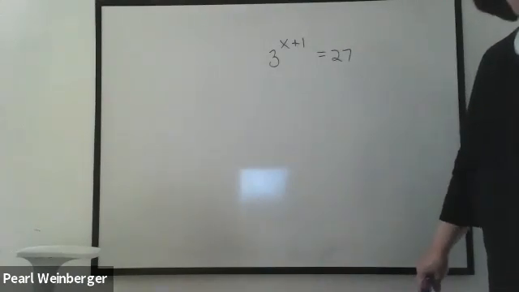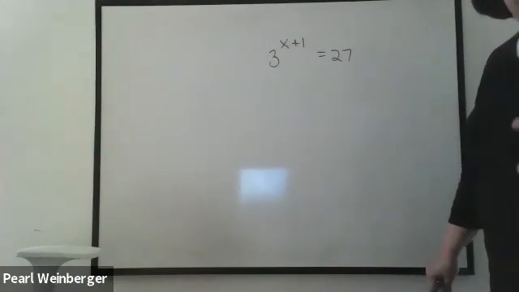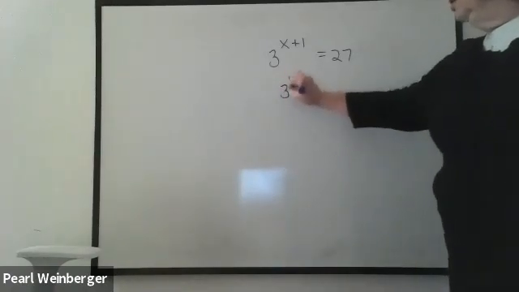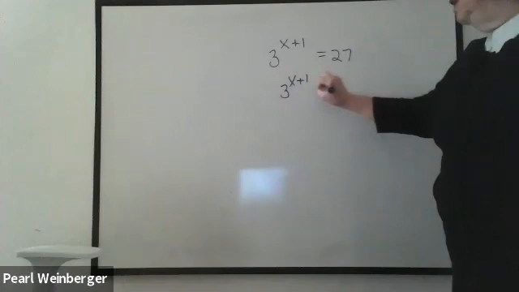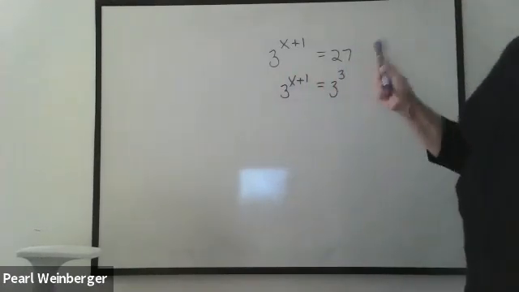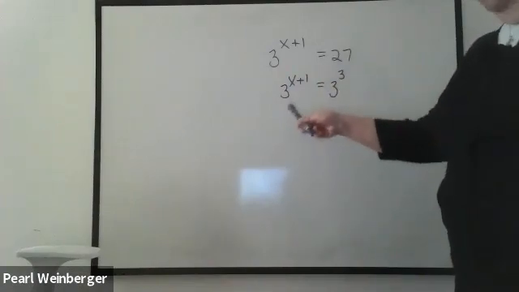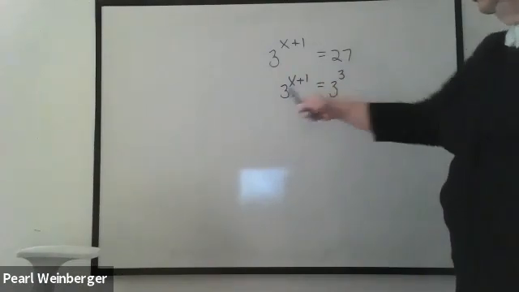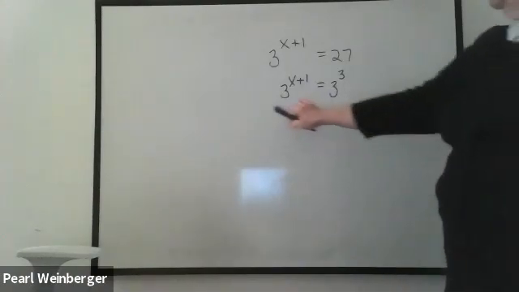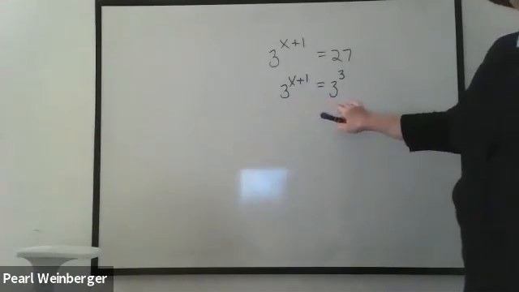Well, we can do that. 3 times 3 times 3 is 27. So I could convert the 27 to 3 to the third. Once I have both sides written in terms of the same base, I don't have to worry about the base anymore.